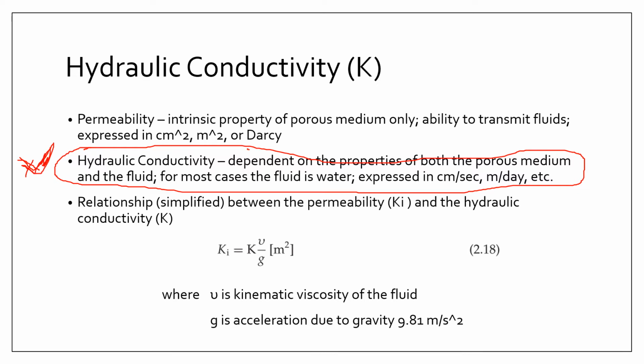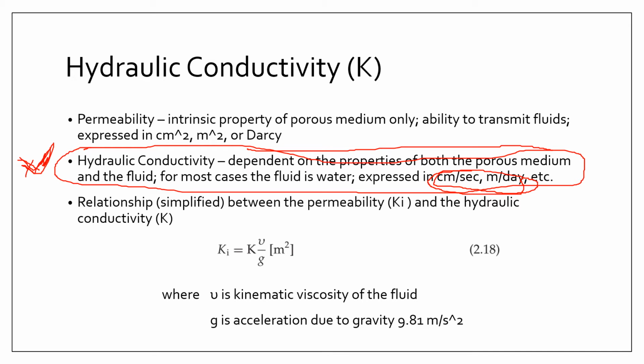You might be confused because some textbooks interchangeably use permeability and hydraulic conductivity. In that case, you just have to look at the units being used. If they are using units of centimeters per day, meters per day, feet per second, and so on, they are probably talking about hydraulic conductivity.